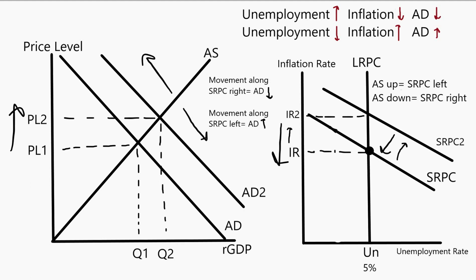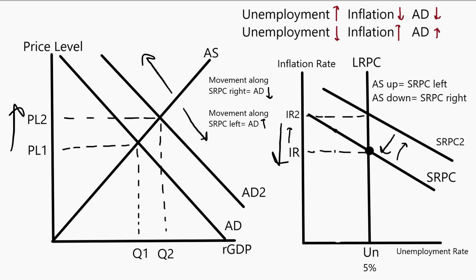So here, I wrote down the relationship between the two for you, but really don't try to memorize it: if AS goes right, then SRPC goes left, and if AD goes down, then there's movement along SRPC to the right. That's a lot to memorize. That's why I spent so much time repeating myself here, because if you know how to read the graph, you don't have to memorize this.